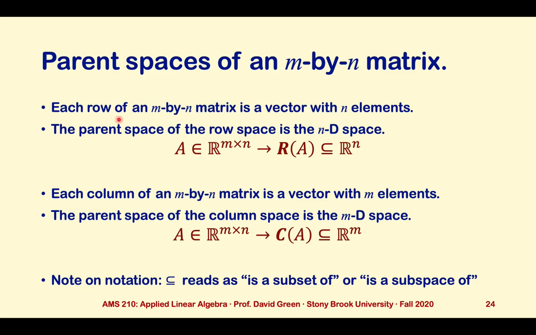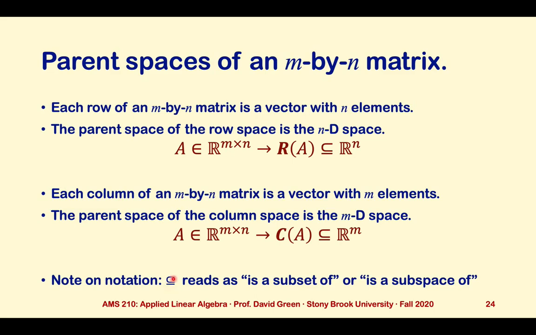Every row of an M by N matrix is a vector with N elements, as many elements as there are columns. And this means that the parent space for the row space is an n-dimensional space. We say that the row space of A is a subspace of Rn. This notation here is part of set notation, and reads as is a subset of or is a subspace of.